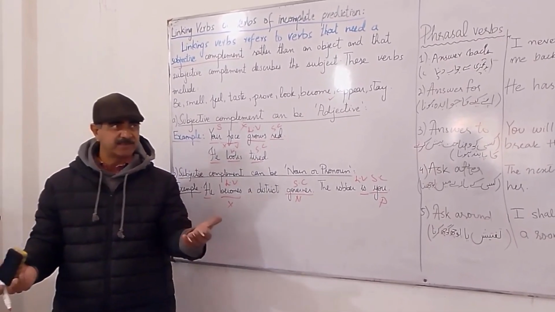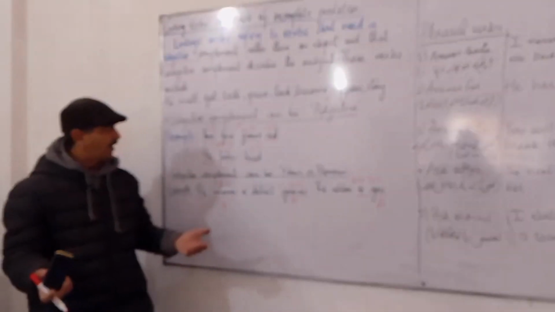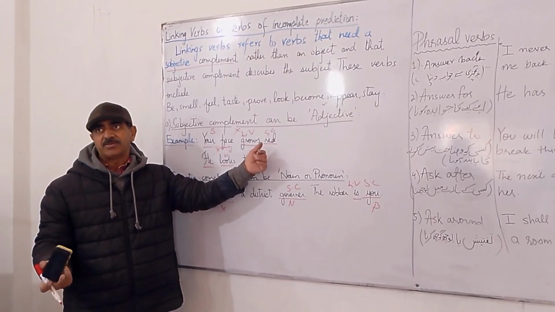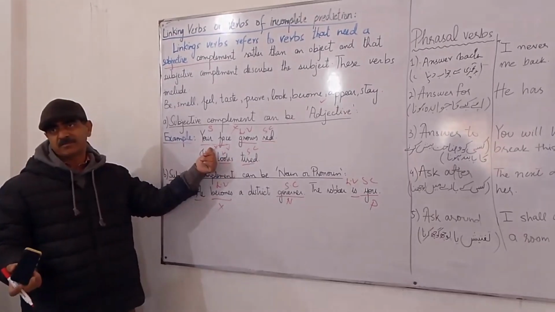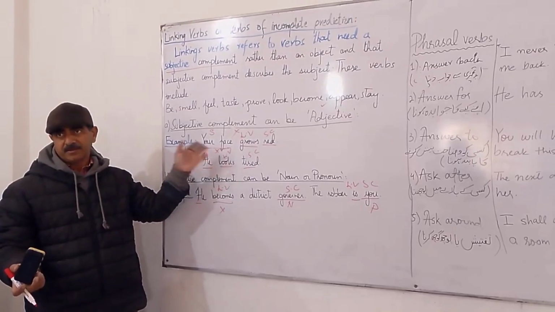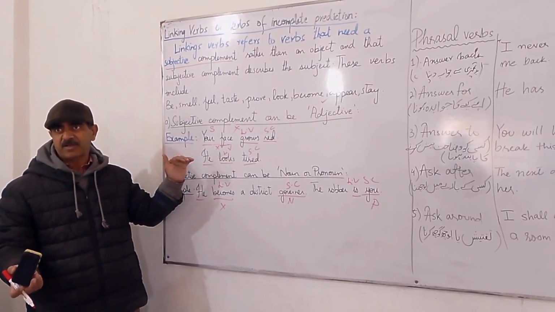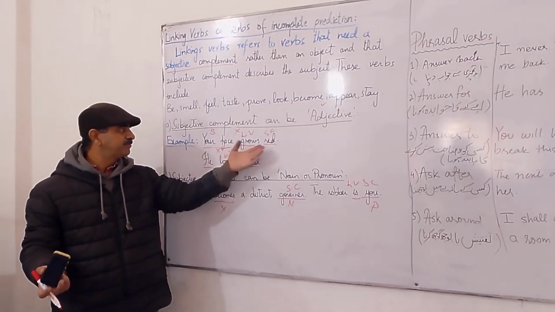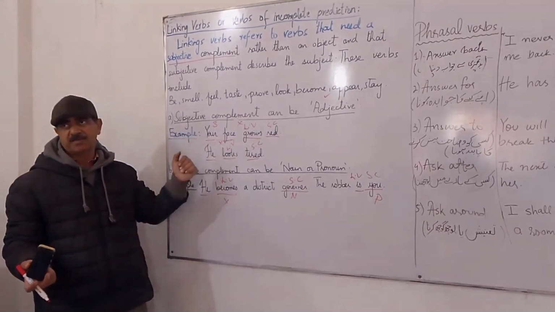A question arises until and unless I read this. So it is completing the subject. Now you understand what a subjective complement is? A subjective complement completes the subject. Clear?